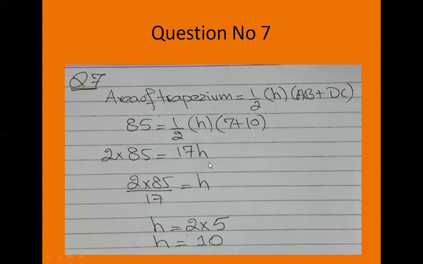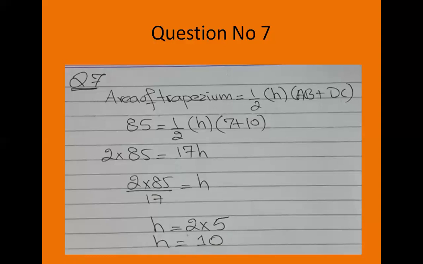You can take this to the other side, it will divide there. So you will have 2 into 85 divided by 17. So h will be equal to 2 multiply, 17 ones are 17, 17 fives are 85, so you will be left with 2 into 5, and that will be 10. It means that the perpendicular distance between the parallel sides of the trapezium is 10 centimeter.